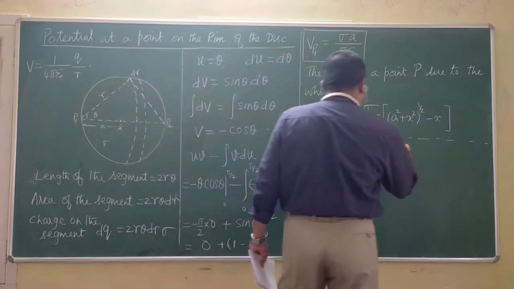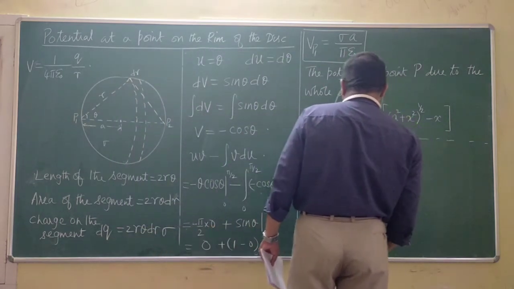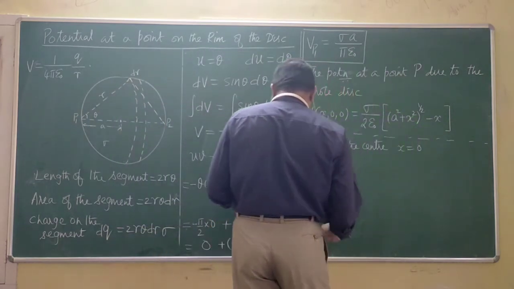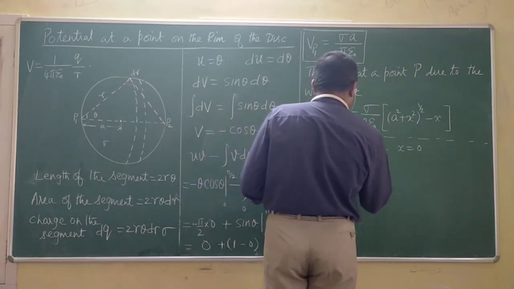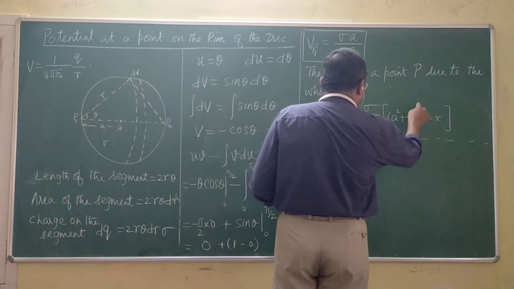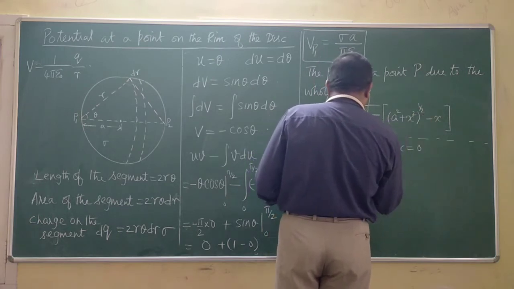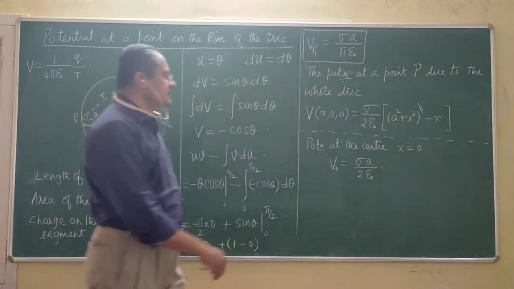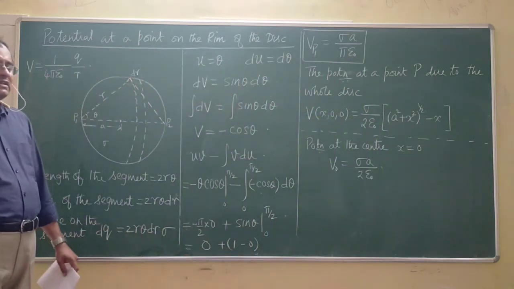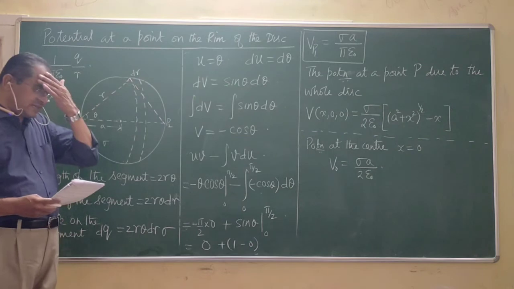At the center, x is equal to 0. Therefore, at the center V0 will give me sigma a squared raised to the power half is a upon 2 epsilon naught. This will be the potential at the center of the disk.